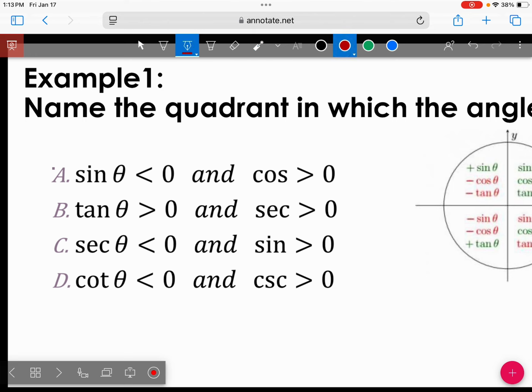This is a game. Name the quadrant. So go ahead and copy that down and then we'll talk about it together.